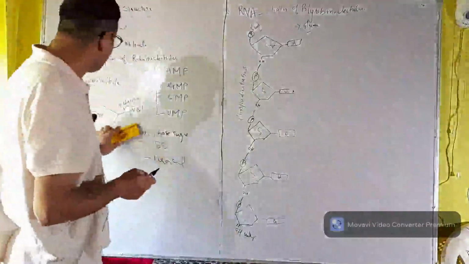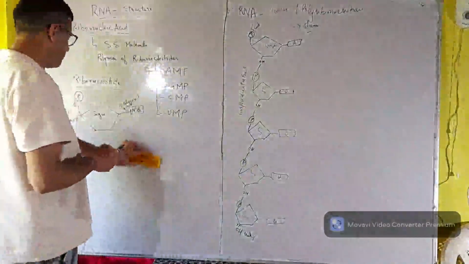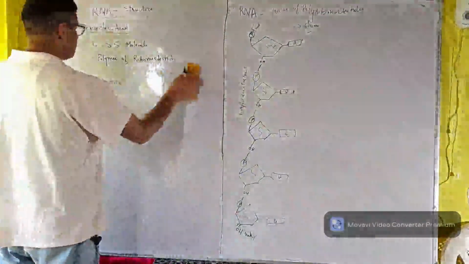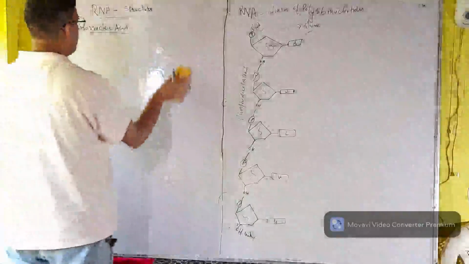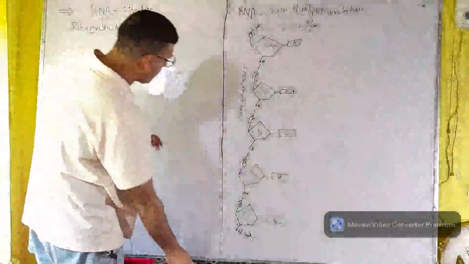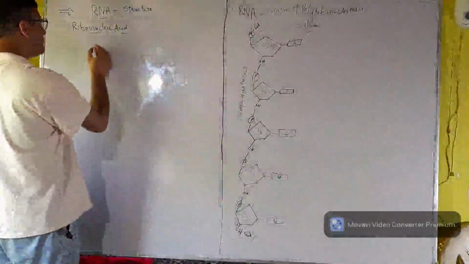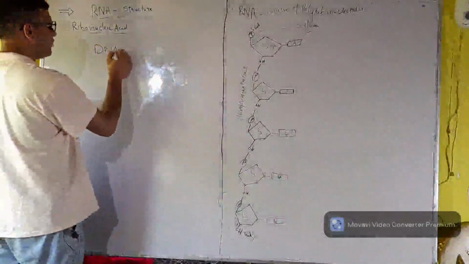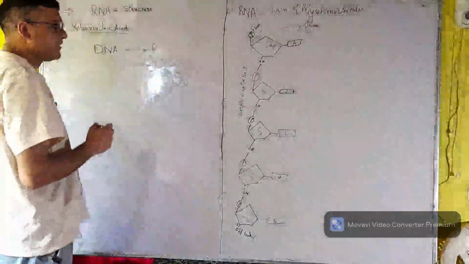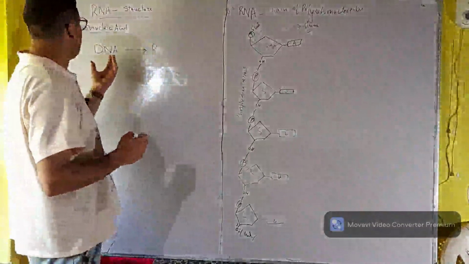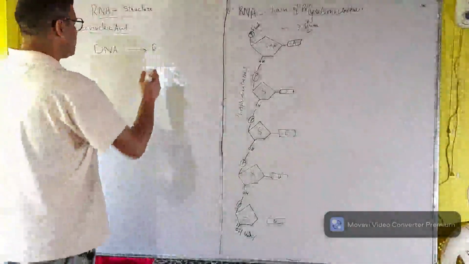Now this RNA is called an intermediate molecule. We have studied the structure of this RNA. Why is it called an intermediate molecule? Because it carries the information from DNA to proteins.